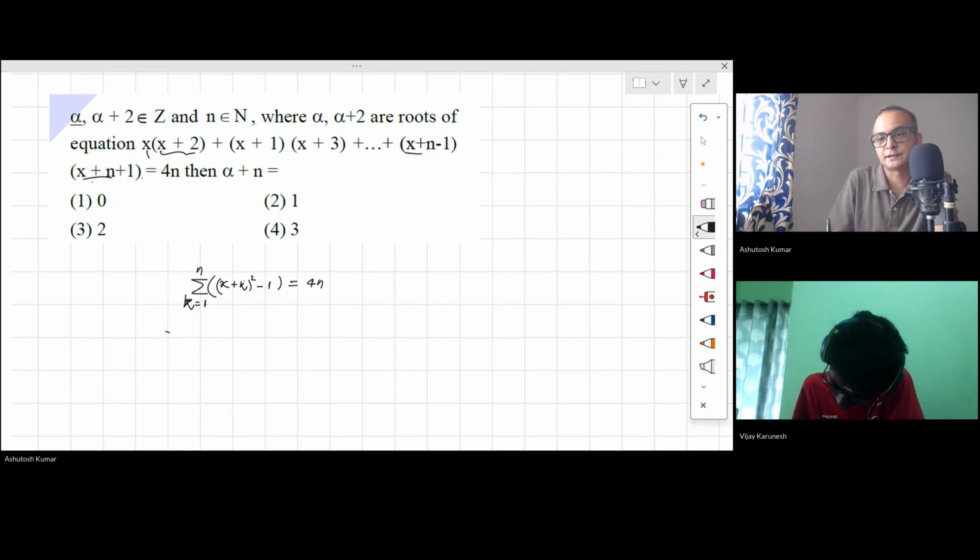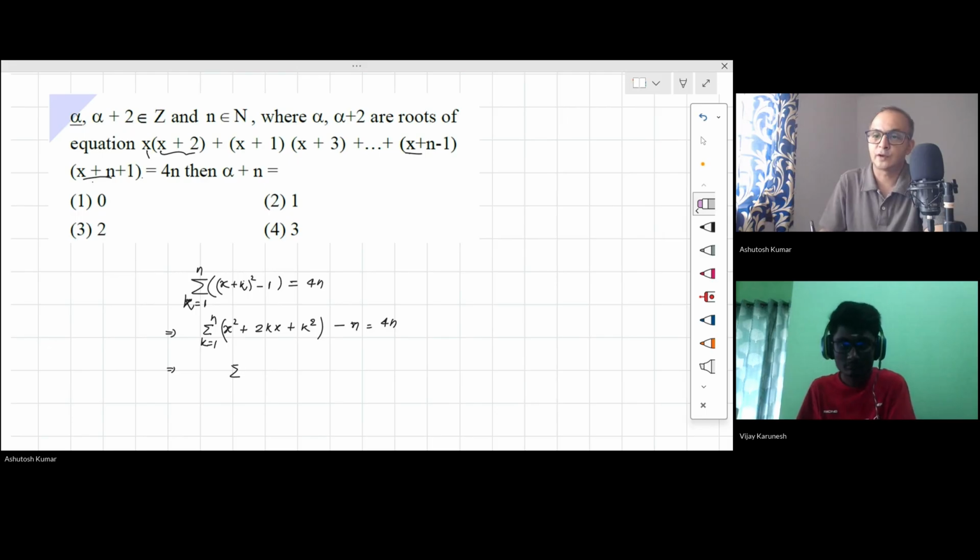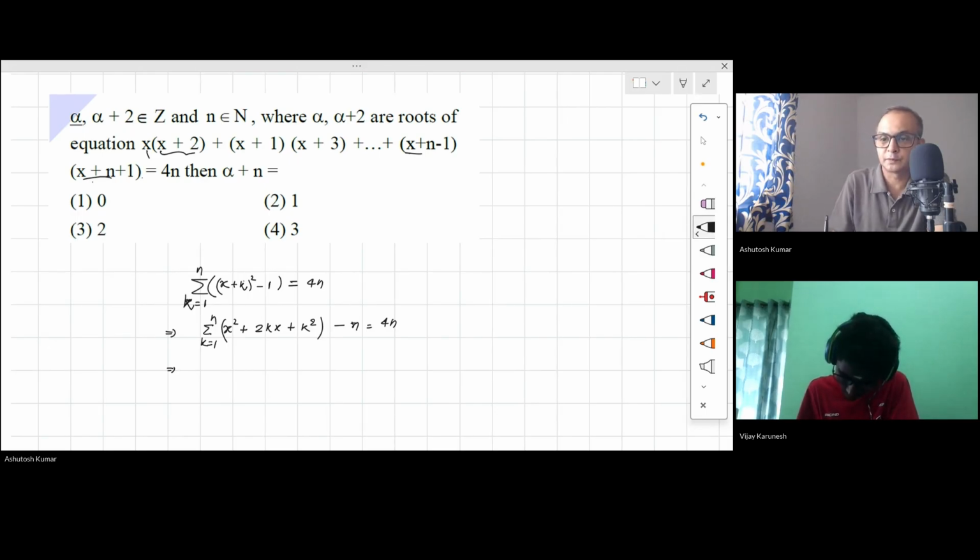Now I can expand it. So we get x squared plus 2kx plus k squared, summation k goes from 1 to n. And here also the summation will become 5n actually. So x squared is summed up n times, so n x squared.